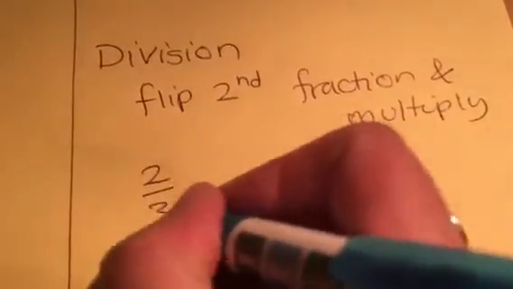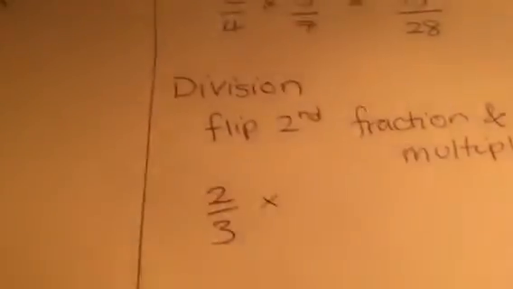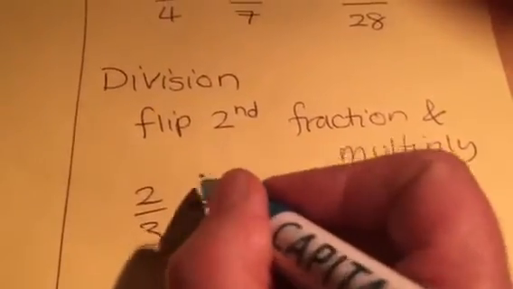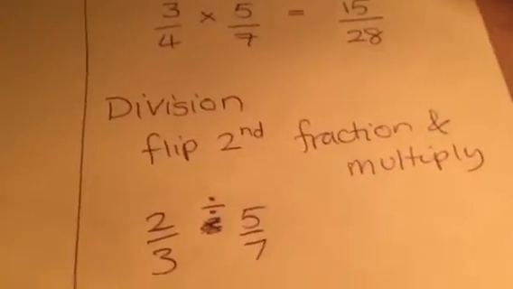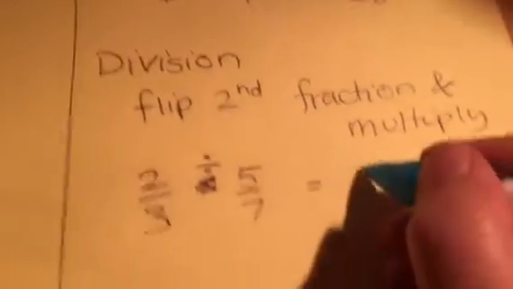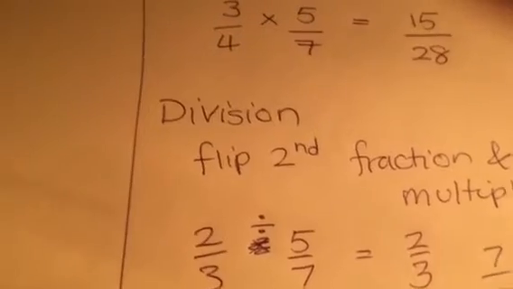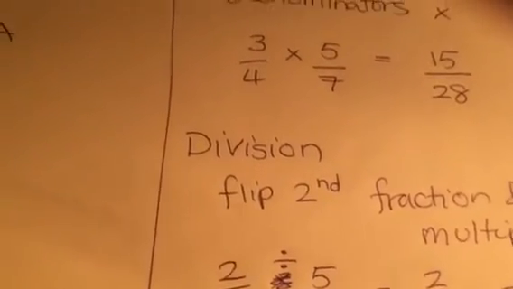So for example, if you had 2/3 divided by 5/7, you would then do 2/3, flip the second fraction to give you 7/5 and multiply.